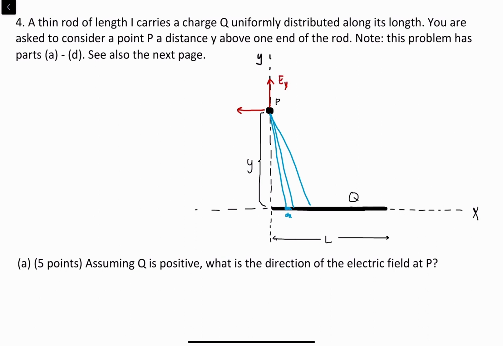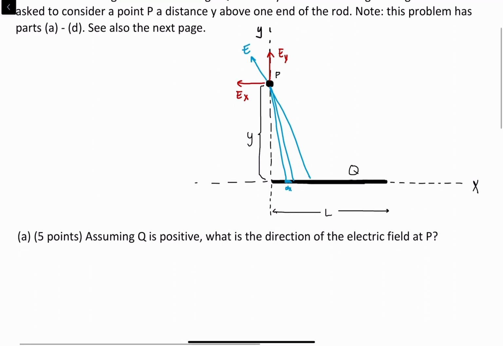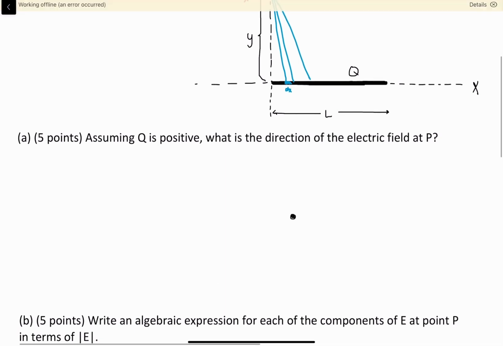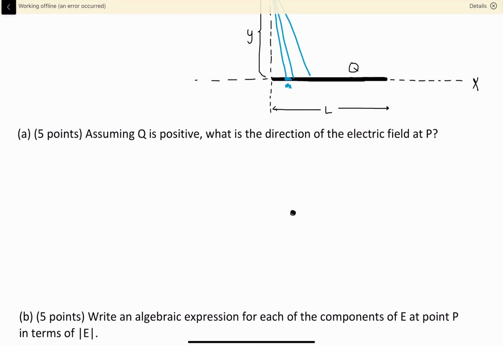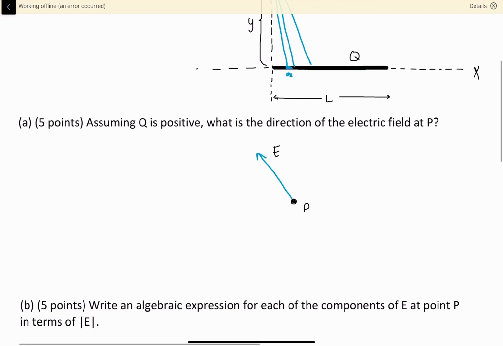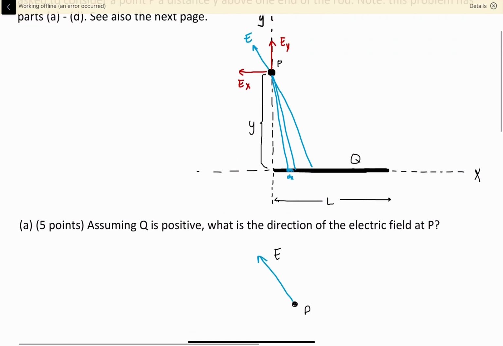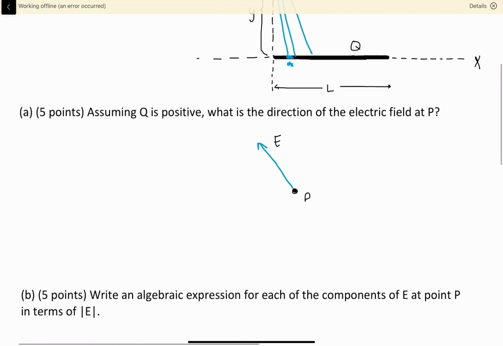So we're going to have EY and EX, and that is going to give us our E. And then we can rewrite that here. So at point P, we have this as our electric field. It's pointing away, and it's the result of the y and x component.